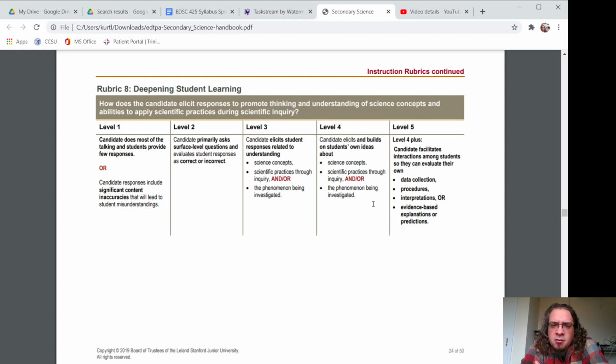It's not terribly different than the rubric on engaging student learning either, right? They're very similar in that sense, where the pattern is to go from sort of being teacher-directed to being student-directed. So that's your pattern. And again, it's going to come up several times in this kind of way.